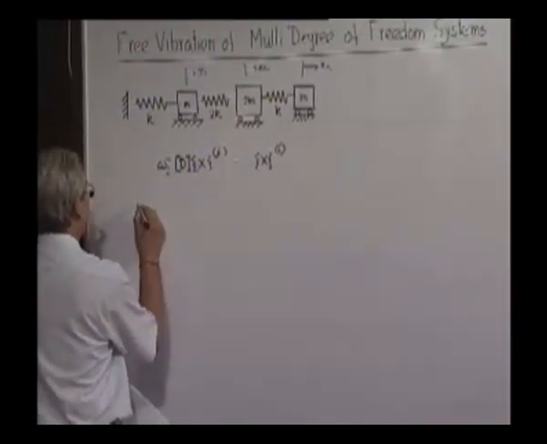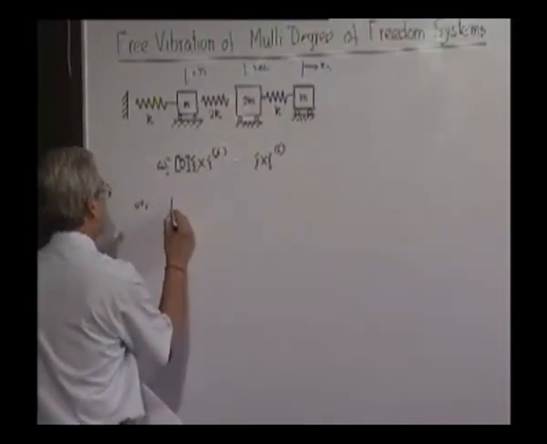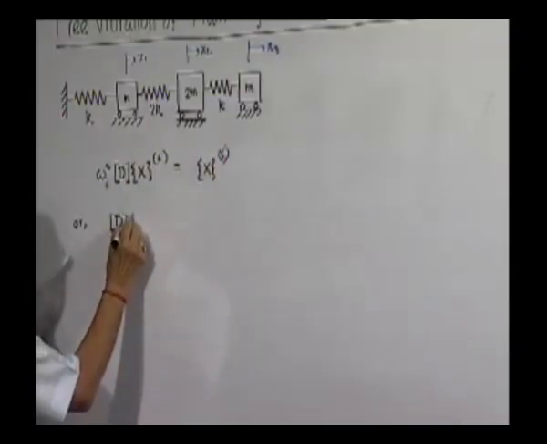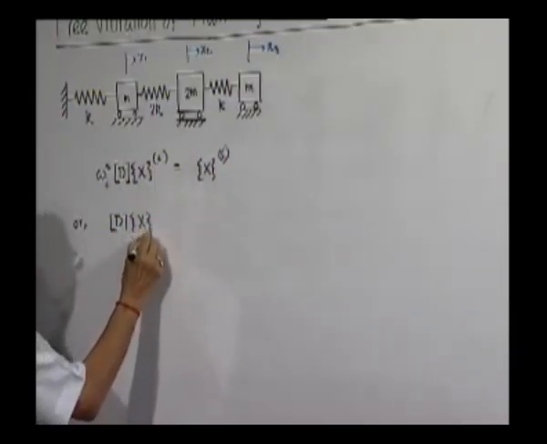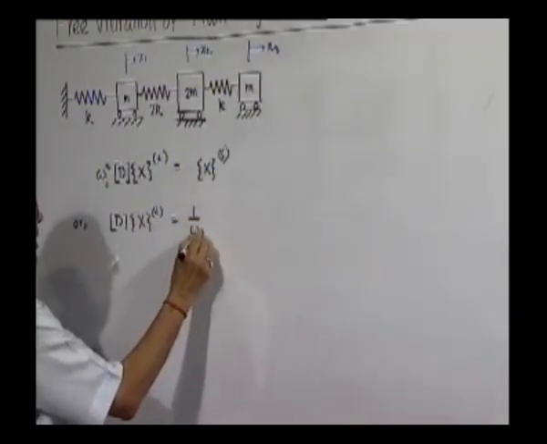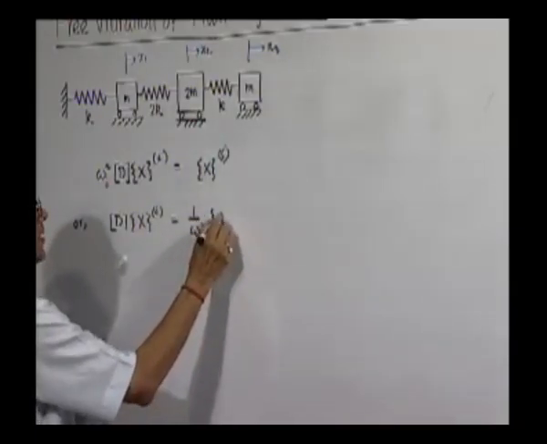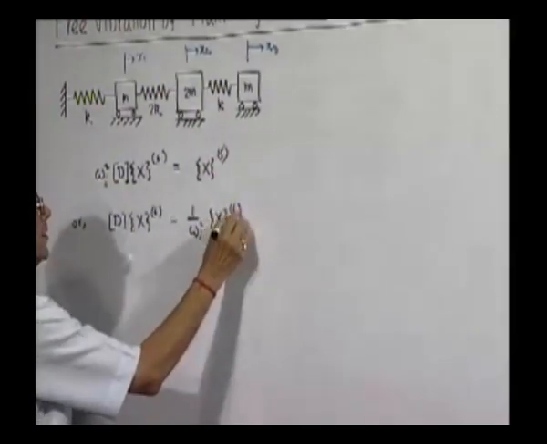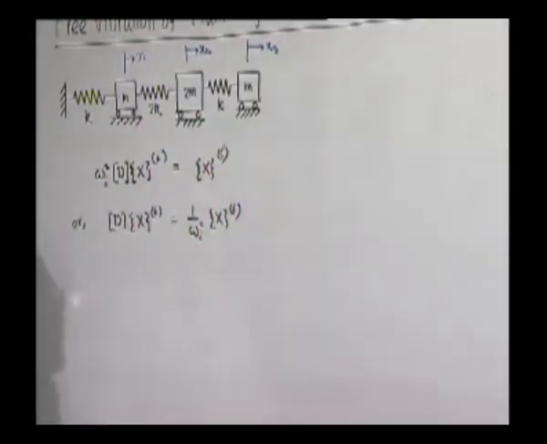Or we can write that D is nothing but 1 by omega i square, for all the natural modes, i equal to 1, 2, 3 and so on.